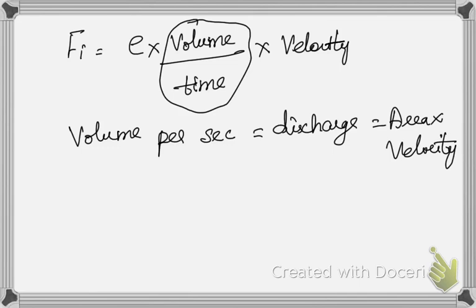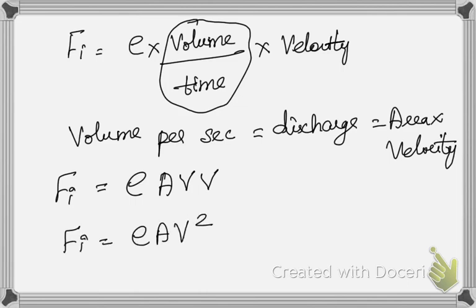Now I can substitute, instead of volume by time, area into velocity. So my inertia force becomes rho into A into velocity, denoted as V again, and there is one more velocity V. So inertia force is nothing but rho A V square.